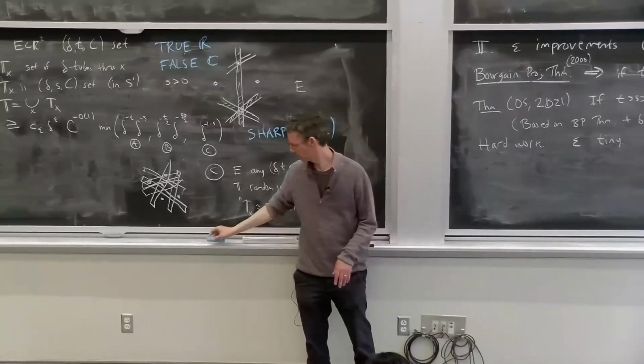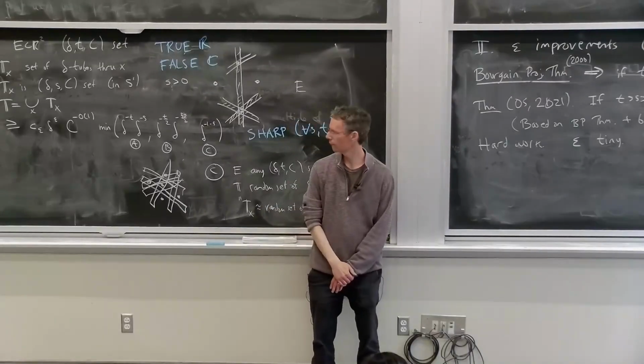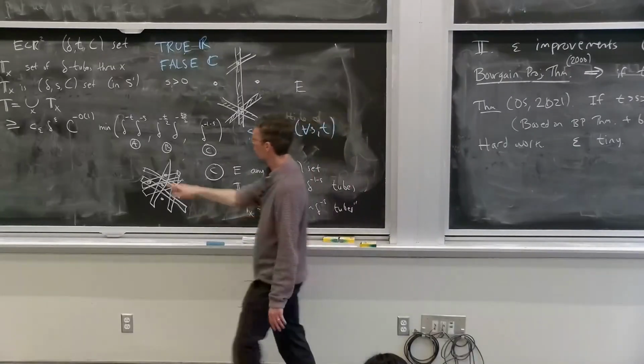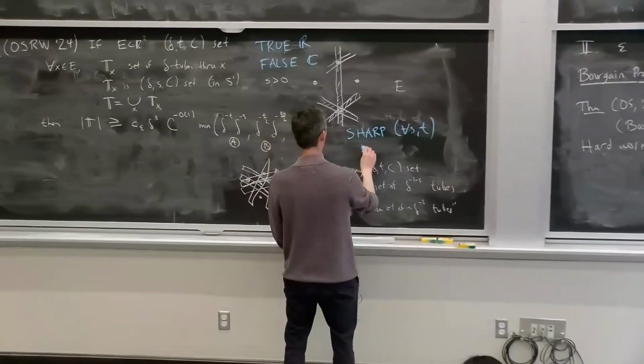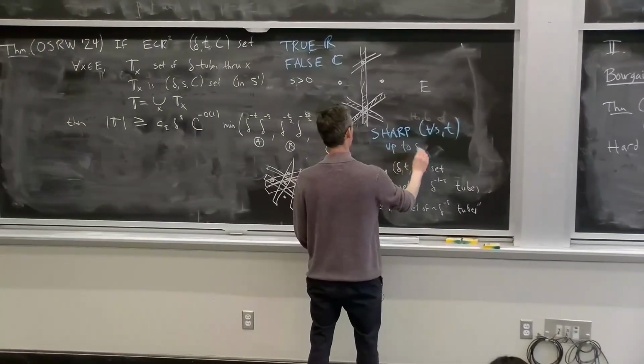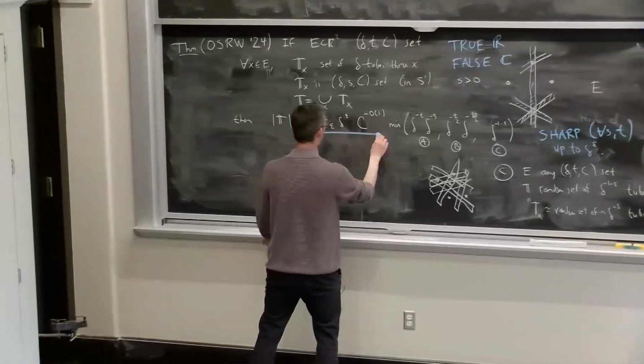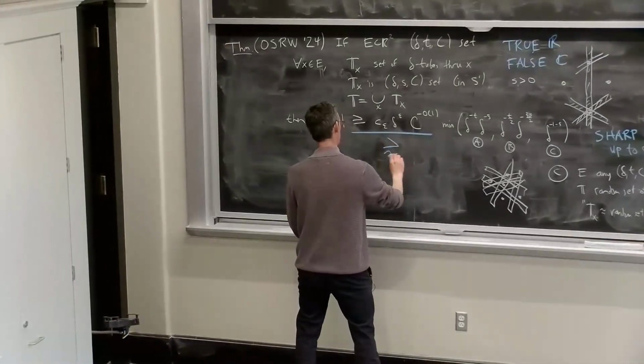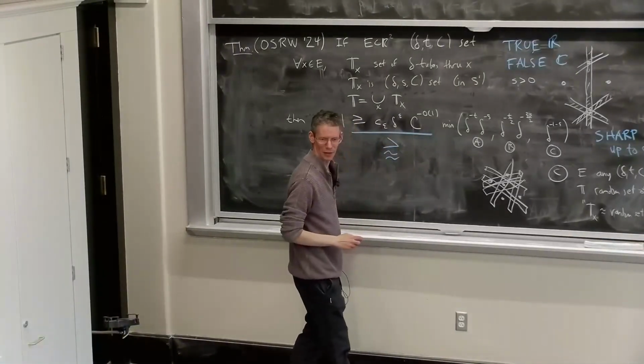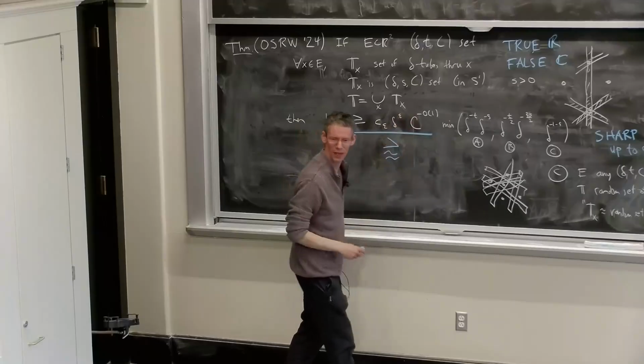Is it sharp up to the delta to the epsilon factor? Yeah, it's sharp up to the delta to the epsilon. That's right. In future, I'm going to abbreviate that mess by this. We won't be at the level of detail to have all of this anyway.